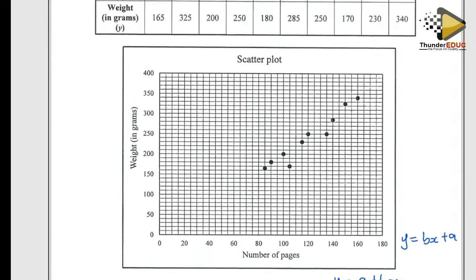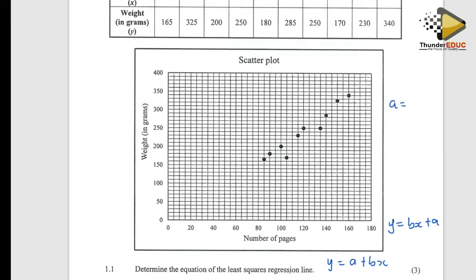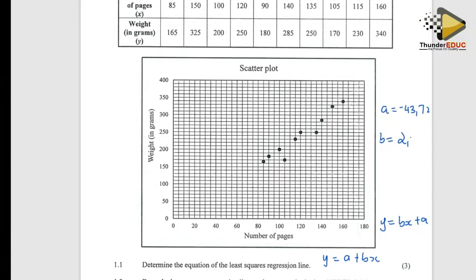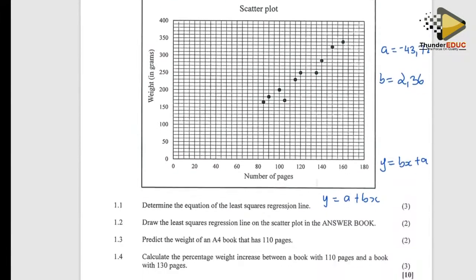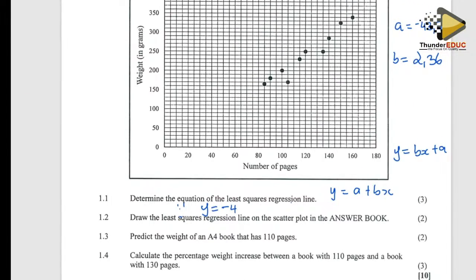From the calculator, I'm getting my a value as negative 43.72, and my b value, if I round off to 2 decimals, is 2.36. So now my equation is going to be y equal to negative 43.72.